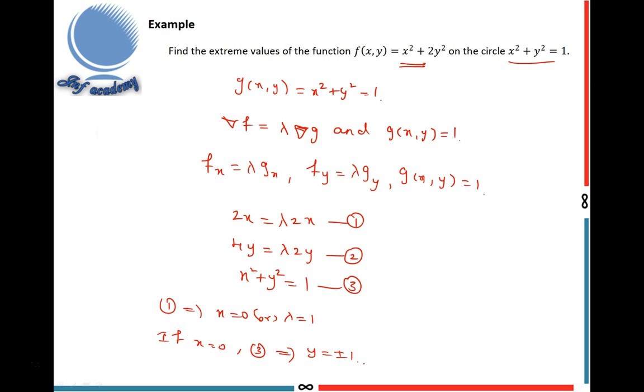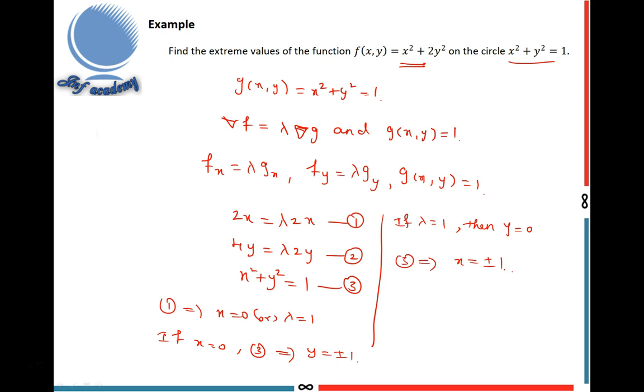Next, if lambda equal to 1, then from 2, y is equal to 0. So 3 gives x equal to plus or minus 1.